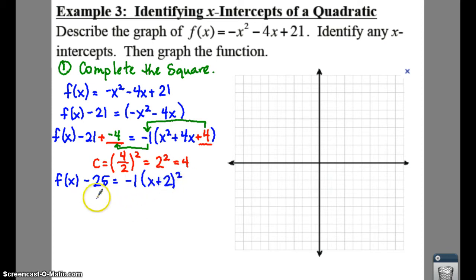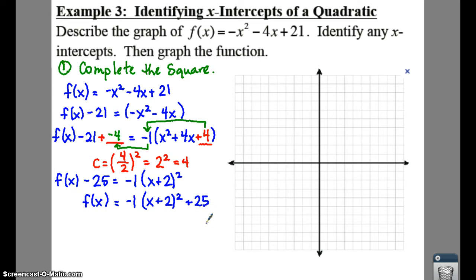So now if we move the 25 to the right, you're going to have f of x equals negative 1 times x plus 2 squared plus 25. So we need to describe our function.